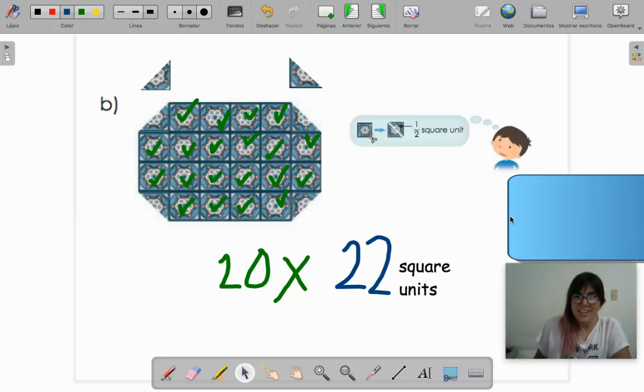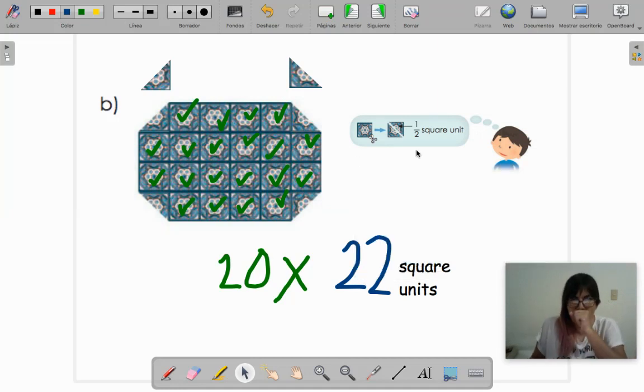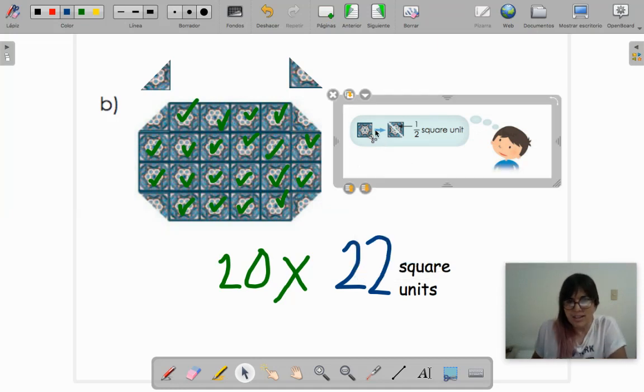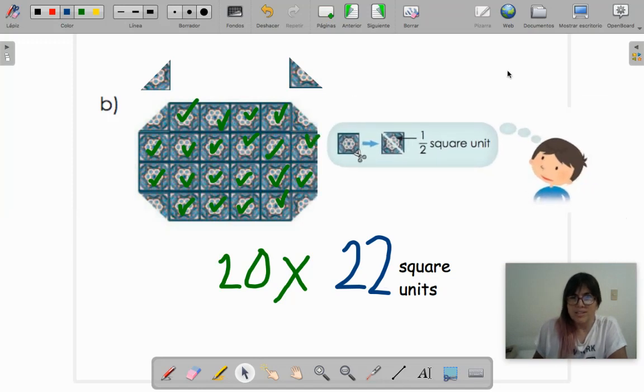So here it is what I just told you. If you cut, let me make it bigger so you can see it, what the boy is thinking. He's thinking, so if I cut 1 square in the half diagonal, I get 2 pieces.